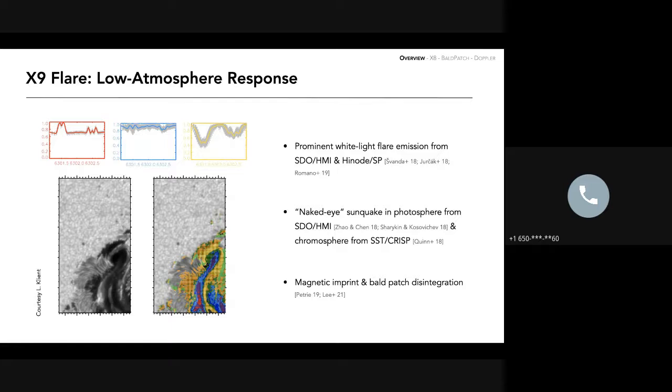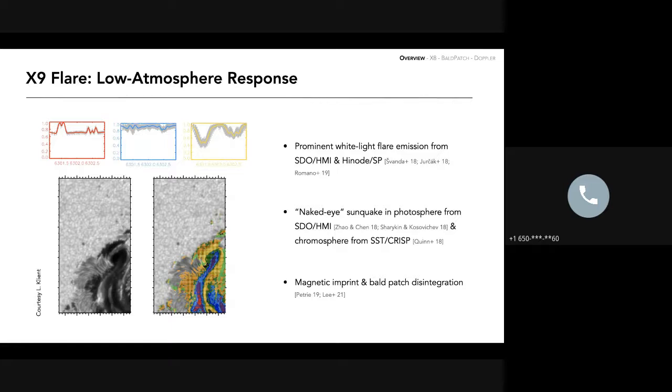People have also observed a naked-eye sunquake. Usually the sunquake signal is very weak, so you need to do a lot of processing of the helioseismic signal to actually see it. But the sunquake in this flare is so strong that if you just make a movie of the HMI Doppler, for example, you can see the waves spreading out.